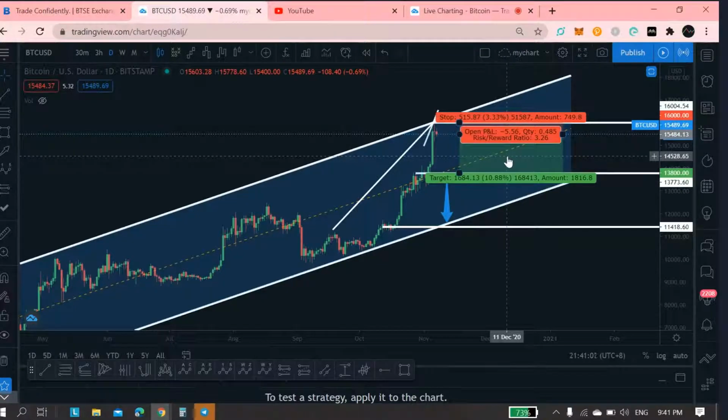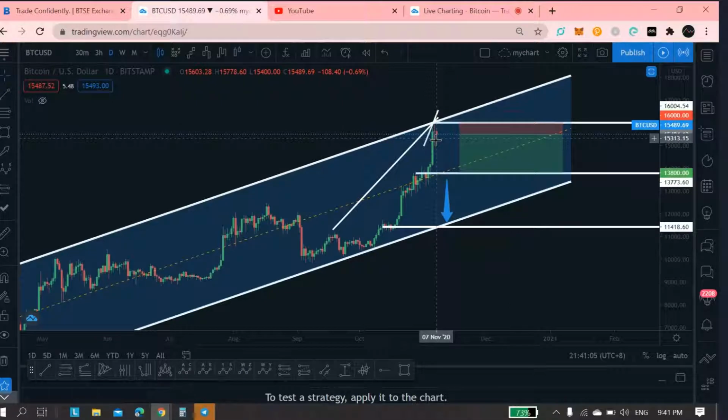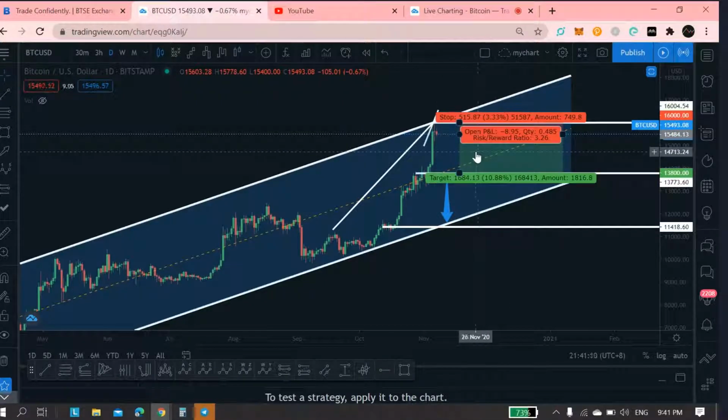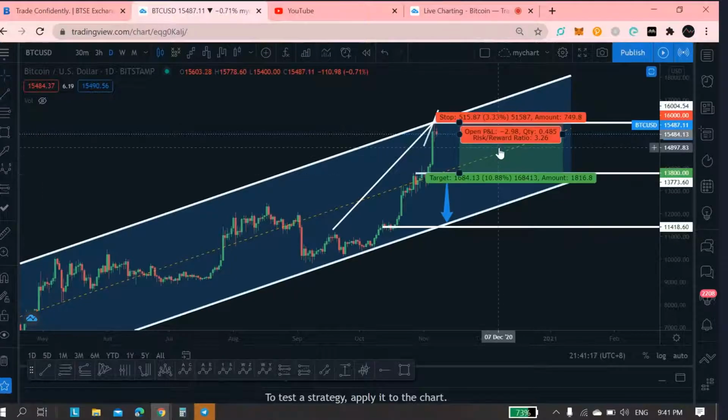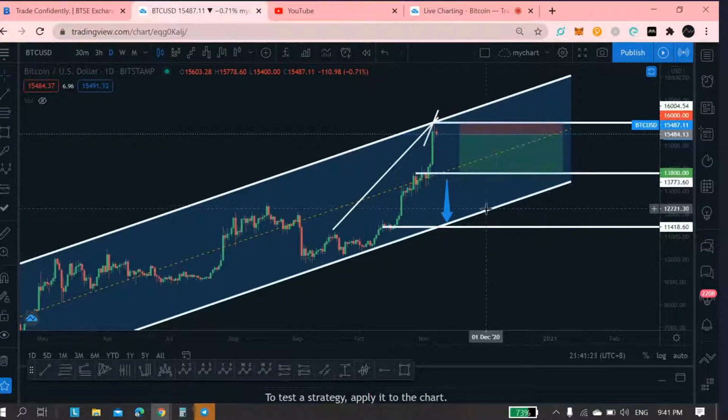However, it will depend on my entry price tomorrow, if this is a confirmed bearish candle. So let's see. And I normally have different TPs. I can have a 50% TP here, and then another 50% TP at this area.